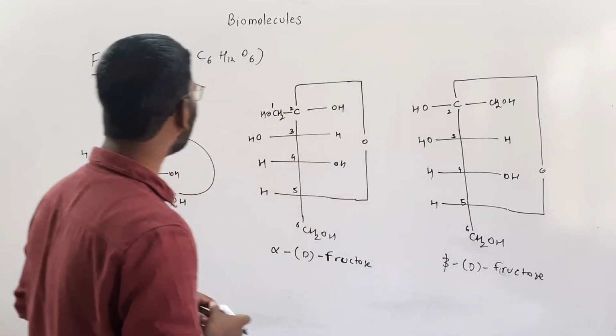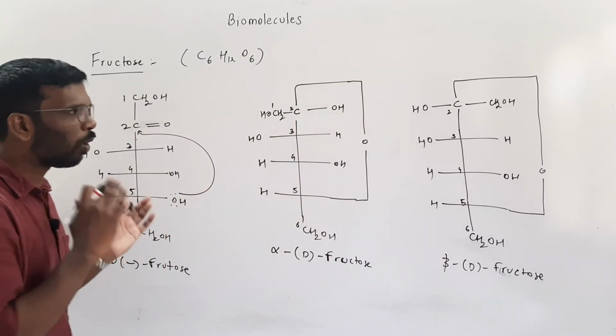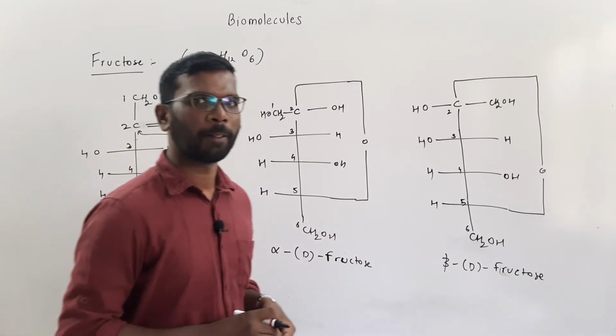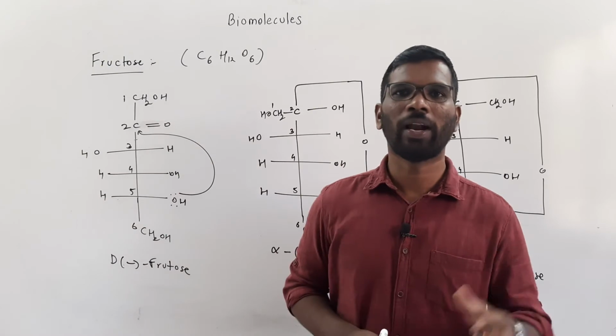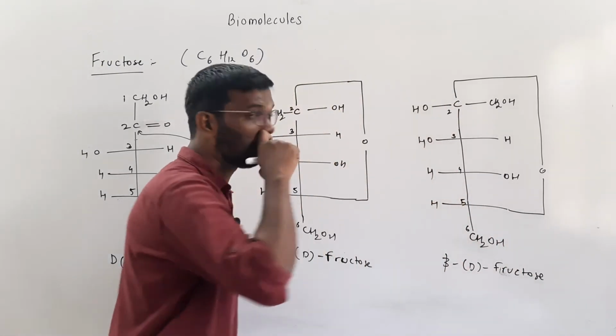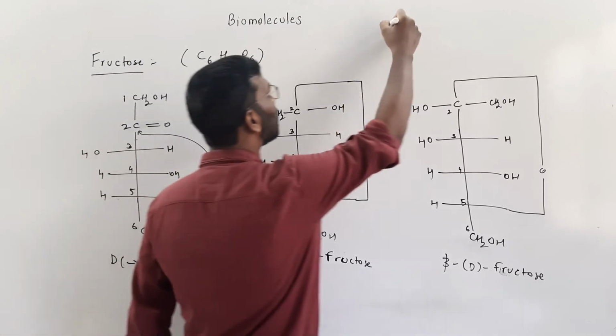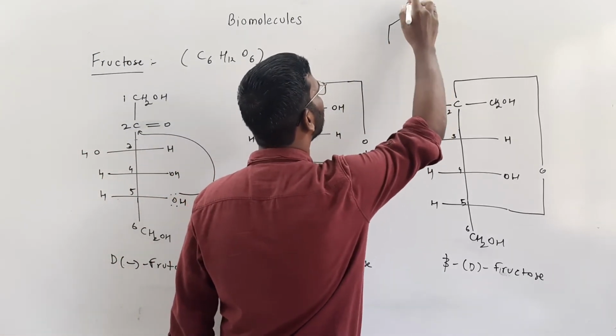So this is about the cyclic structure. Now, what about writing the structures in a Haworth projection? Like in the glucose, it is called as a pyranose structure. Maybe I did not mention in the lecture why it is called as a pyranose structure. Like we know this is what the pyran is, right?